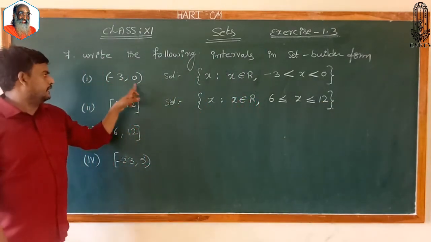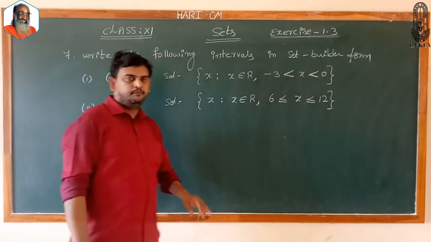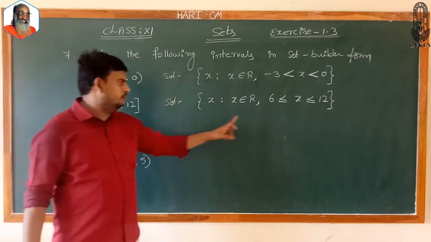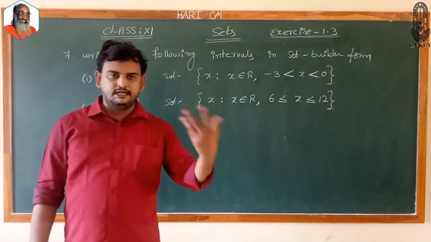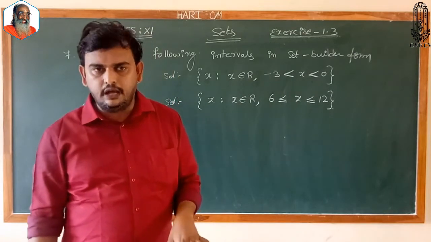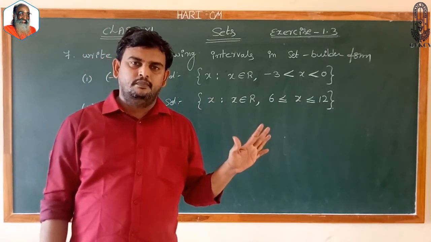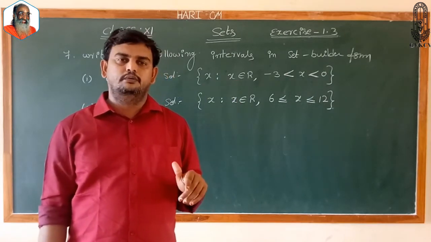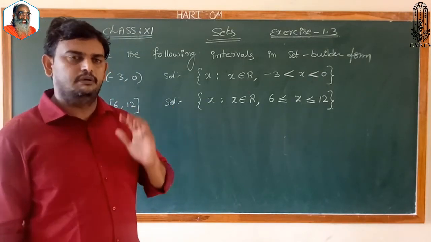Wherever we have open brackets, we have to keep the less than symbol. Wherever we have square brackets, we have to keep the less than or equal to symbol. Less than means strictly less than. That small observation you have to remember.